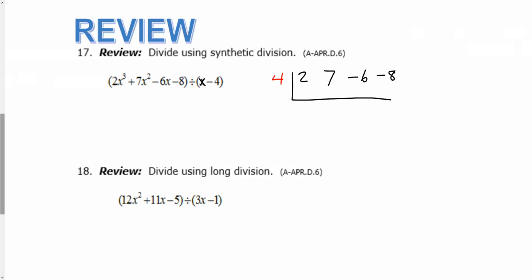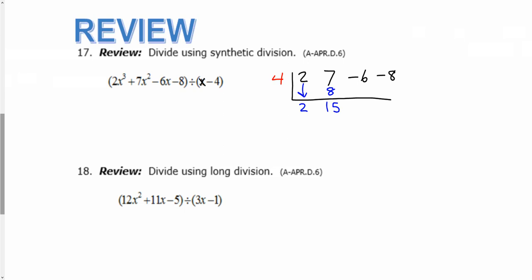And then there's this algorithm. An algorithm is kind of like a series of steps that you just repeat over and over. The first step never changes. It always just drops the first one down. The algorithm starts here. So you multiply, and that gives you 8. And you combine, and now that's 15.